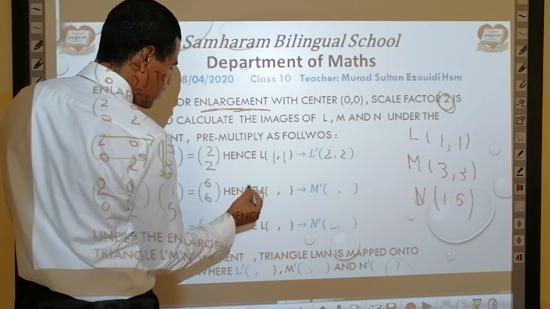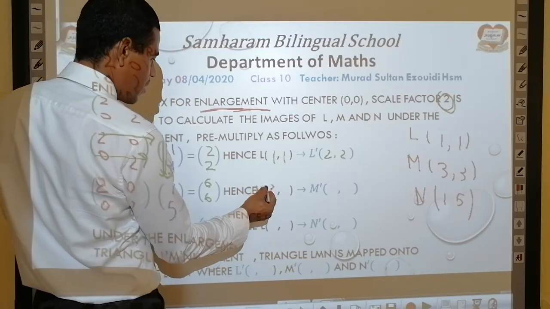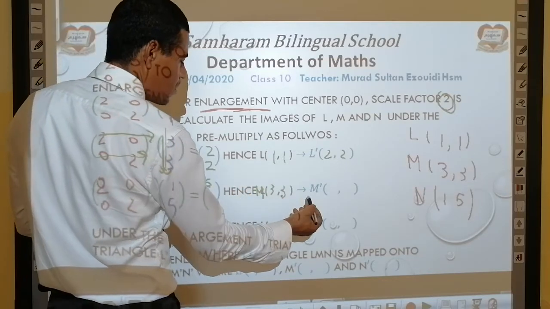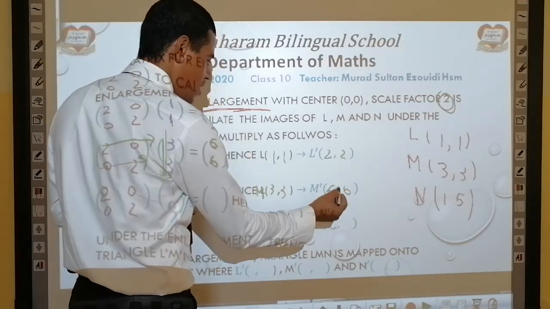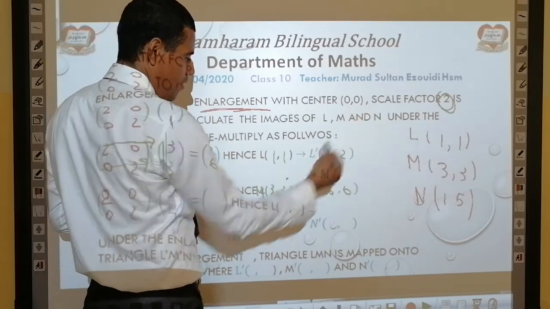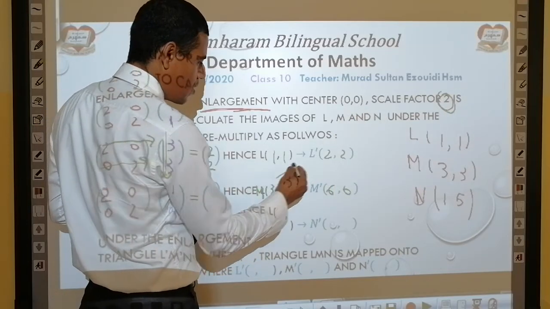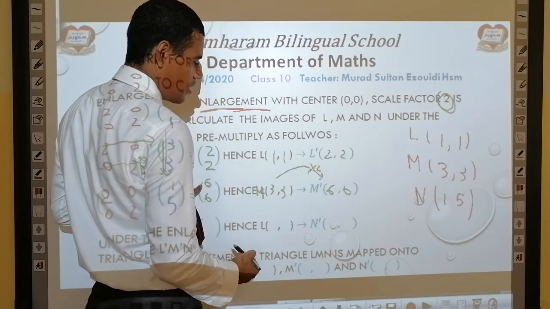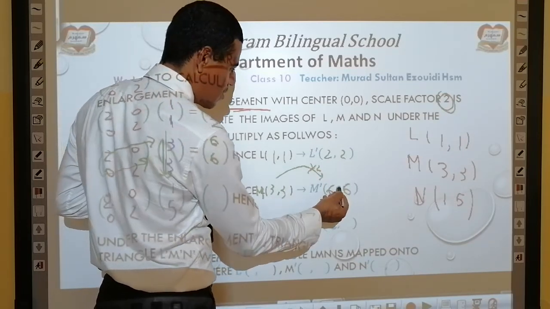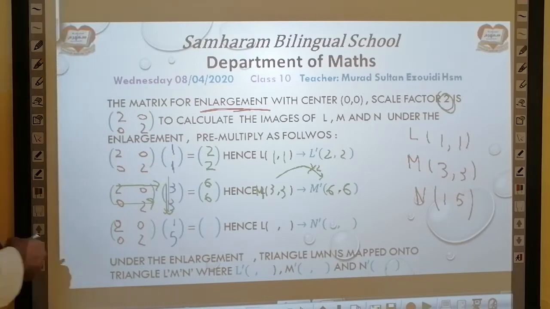M of coordinates 3, 3 maps to M prime of coordinates 6, 6. You can notice that 3 multiplied by the scale factor 2 gives 6, 3 by 2 gives 6. So this is the coordinates of M prime.